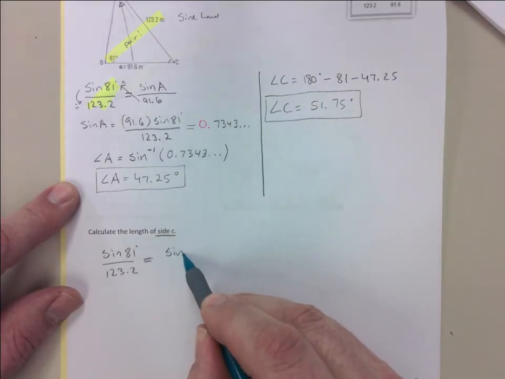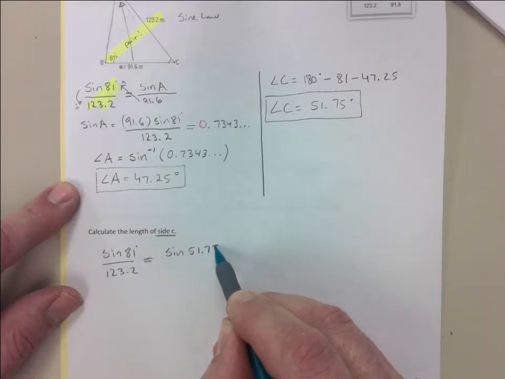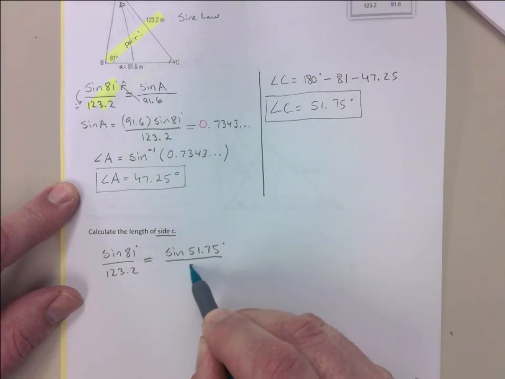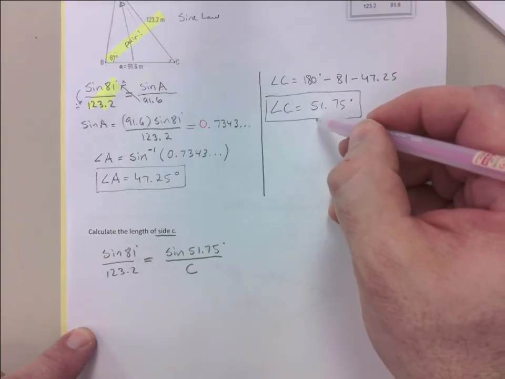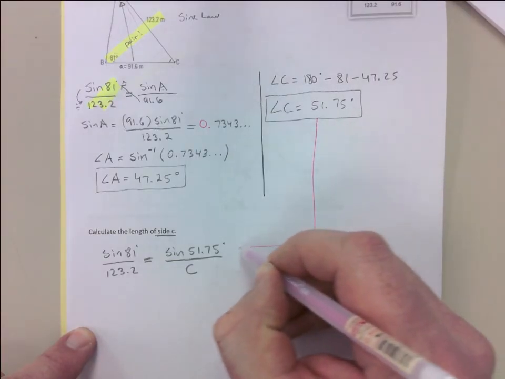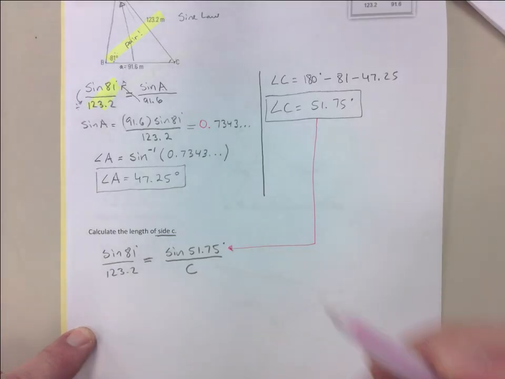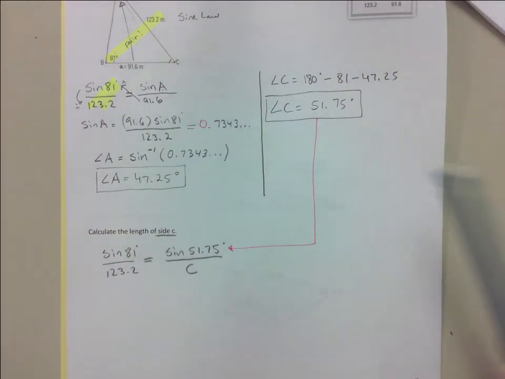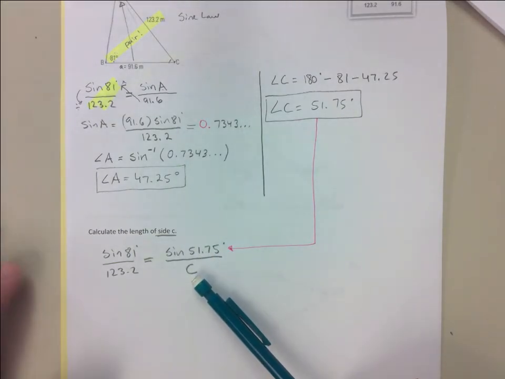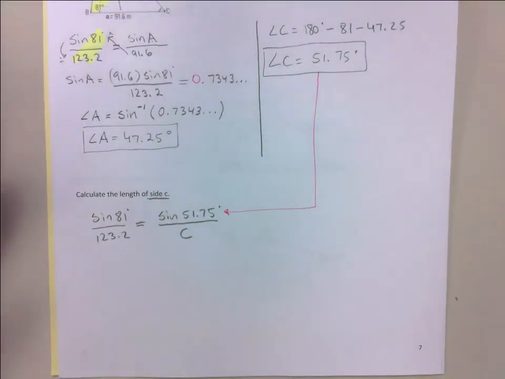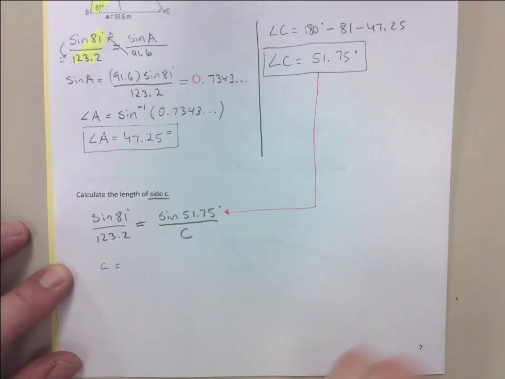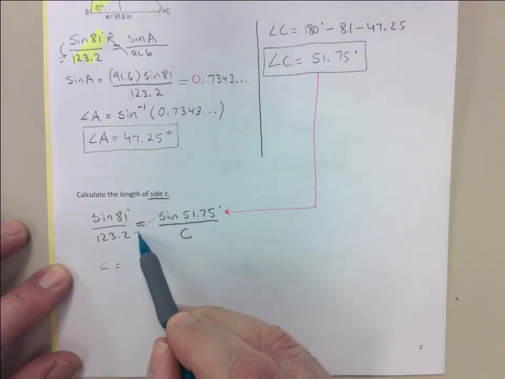And then I'm going to go sine of 51.75 degrees over side C, and I'm going to use an arrow to let you know I'm using angle C to find side C. No inverse when it's sides, okay? Only use inverse when you're trying to solve for an angle. So make sure you show me the work if you want full marks. We cross multiply, and then we divide.